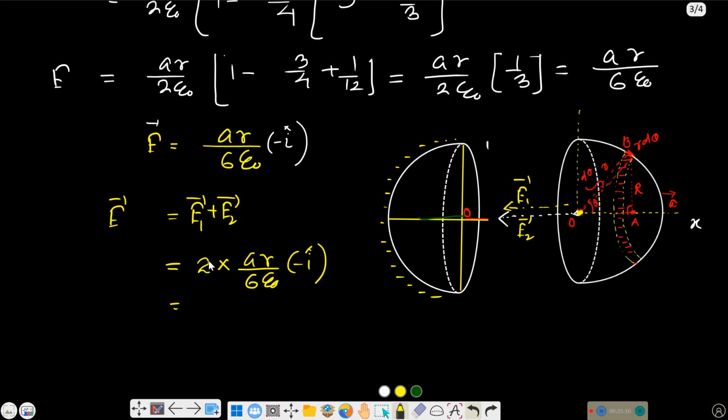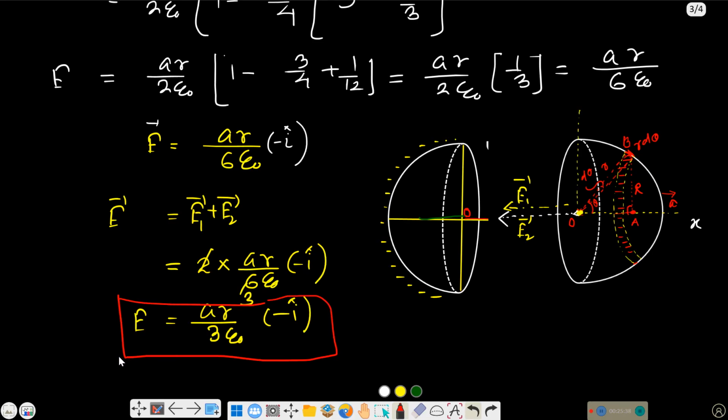Okay, so 2 threes is 6, so it is AR by 3 epsilon naught along minus i cap. So this is our answer. Okay, this is our required answer. Thank you.